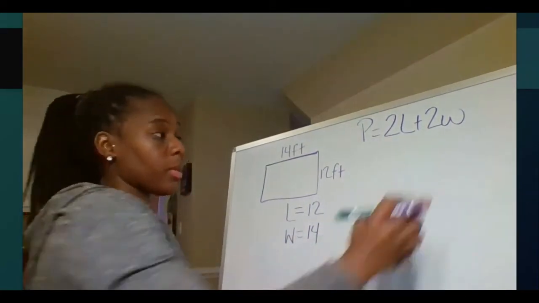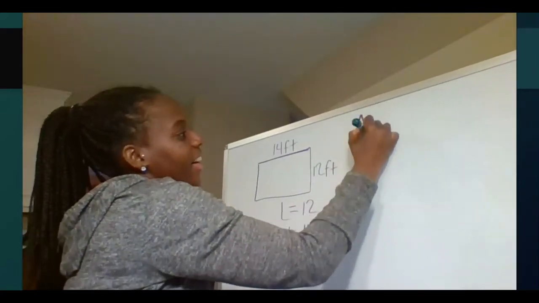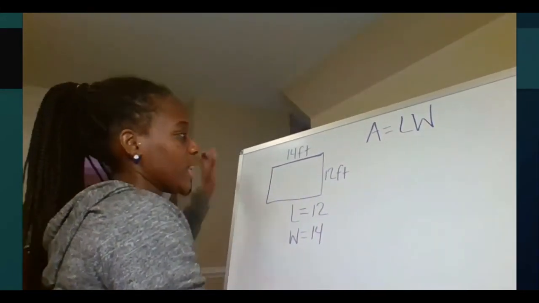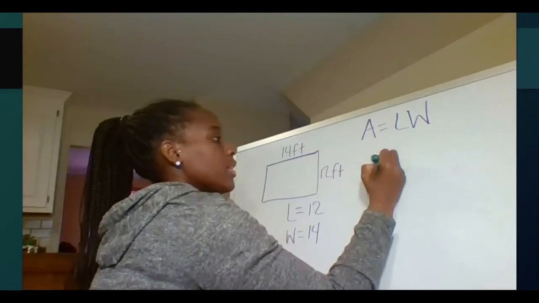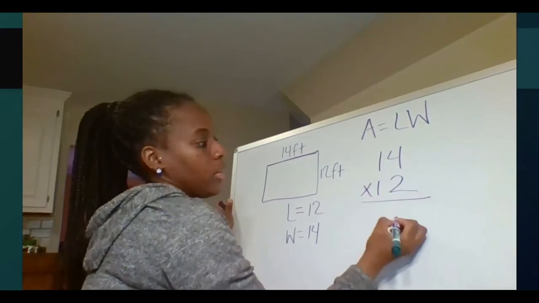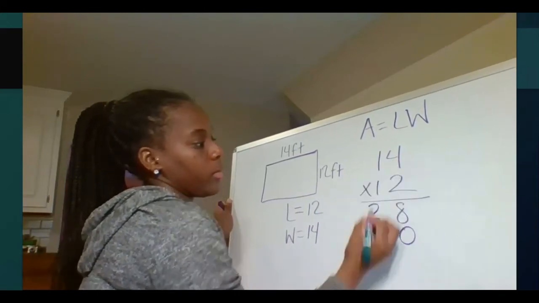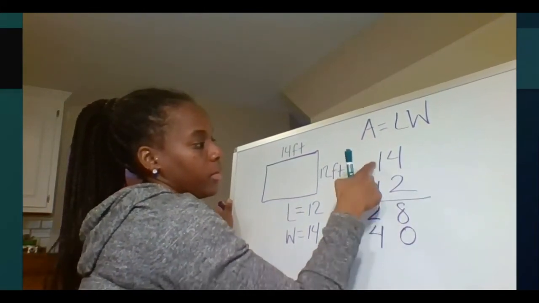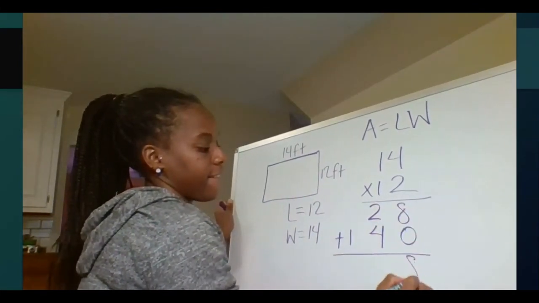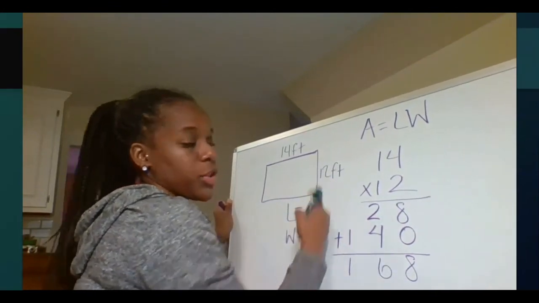Excuse me, we are not doing perimeter, we're doing area. So the formula for area is LW, right? So then we take 14 and multiply it by 12. Put your units once you finish.